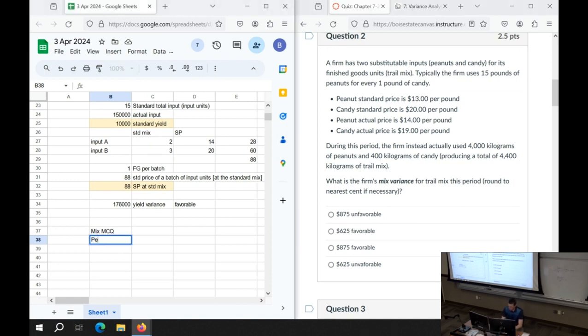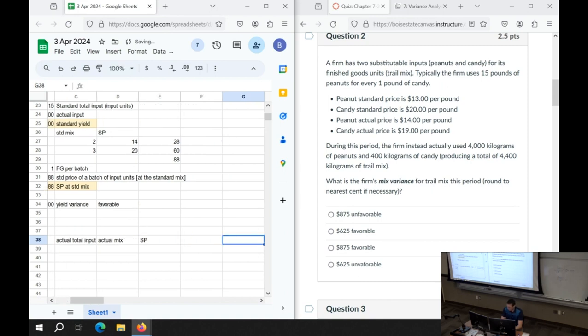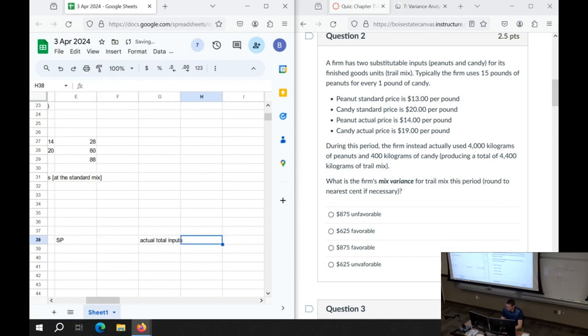So we have peanuts. Nope, wrong window. We have candy, and we're going to build a table. And over here is where we have that standard mix. We have actual total input units times the standard mix, and then times the standard price.